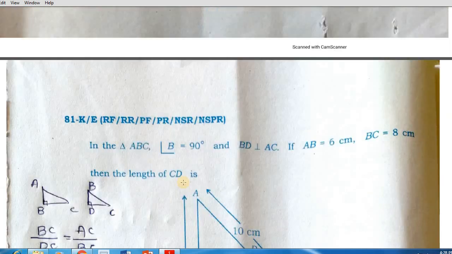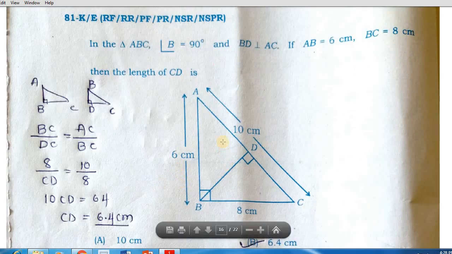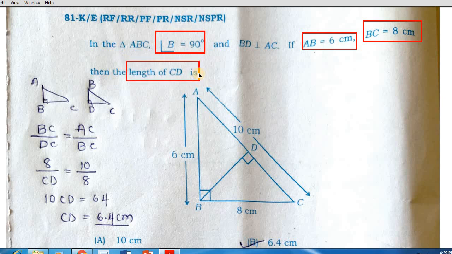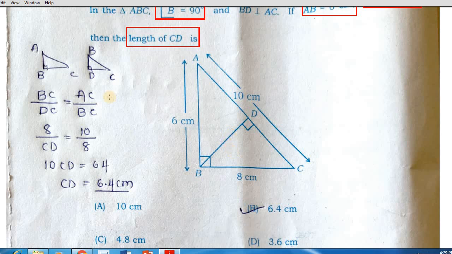Question number 31. This kind of question I have explained in my triangles multiple choice question video, children. In the triangle, angle B equals 90 degrees, BD is perpendicular to AC, if AB equals 6 centimeter, BC equals 8 centimeter, then the length of CD is, and here one figure is given. To find the length of CD, first of all, you wanted to write the ratios like this, children.